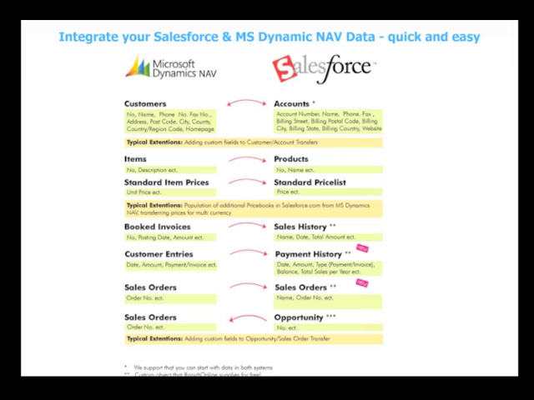We also have the entire sales history. That would include typically the booked invoices, the booked credit memos, and so on, but also payments or customer ledger entries, as they call them in NAV. And these are transferred into a new object in Salesforce called payment history. But with that in hand, you really have the 360-degree overview of your account straight from Salesforce and powered by NAV data.